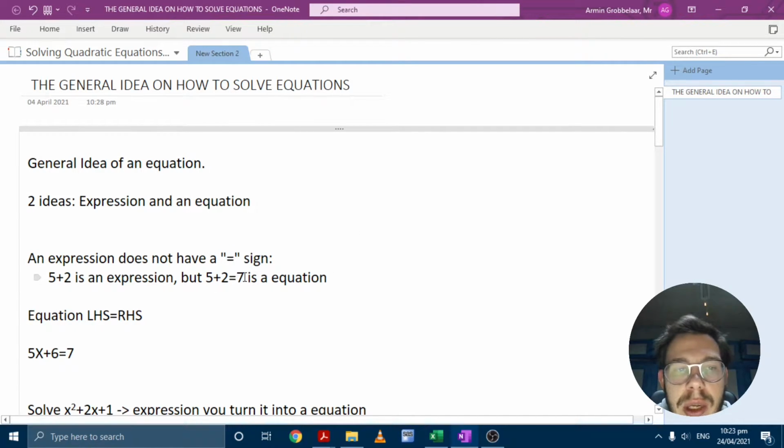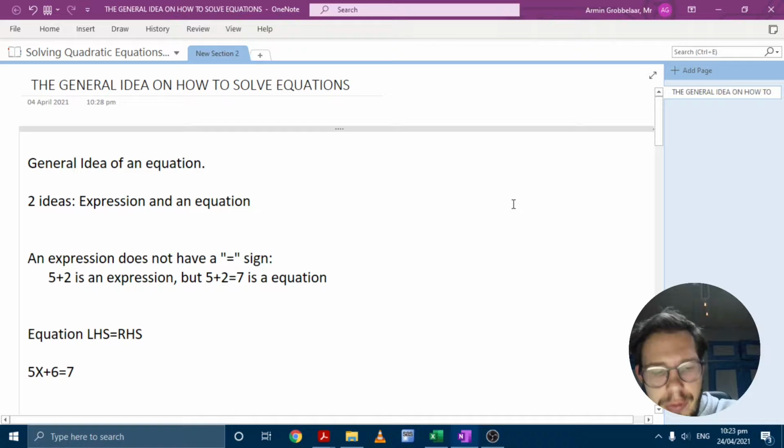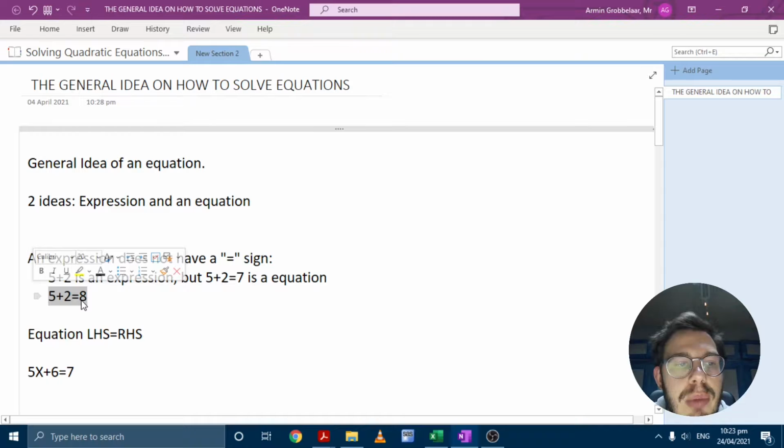In this equation, 5 plus 2 does equal 7. But if we have 5 plus 2 is equal to 8, this will be an equation that is not valid because 5 plus 2 does not equal 8.